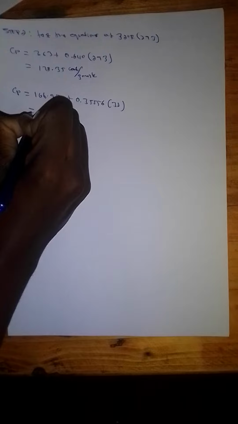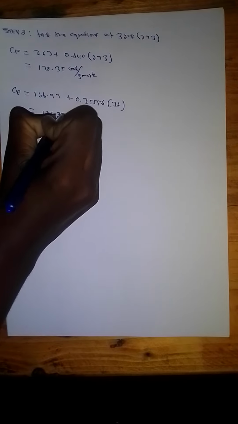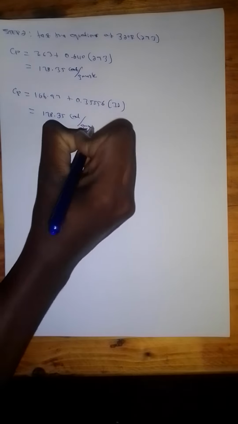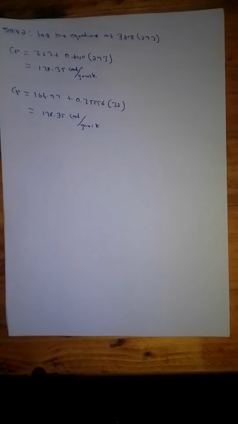This also gives us 178.35 calorie per gram mole Kelvin. So everything is correct here. The equation is confirmed to be correct, and even the units are correct.